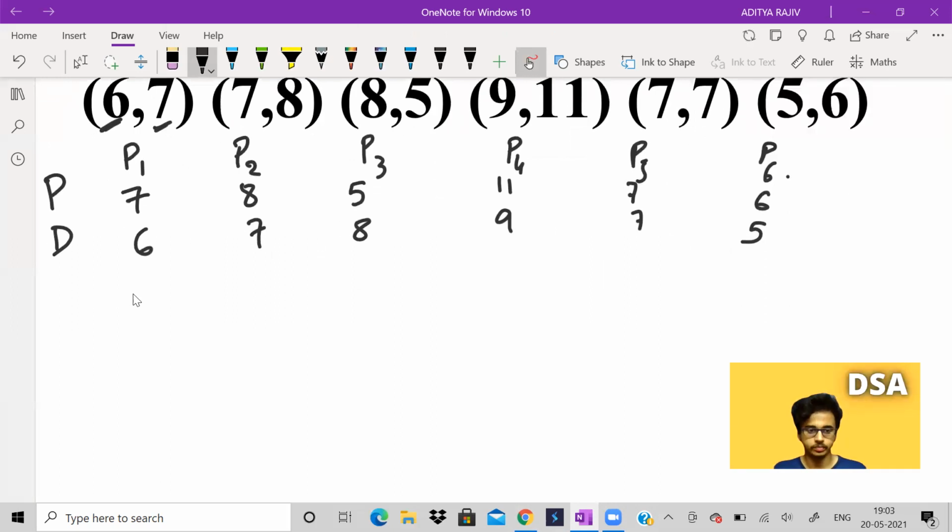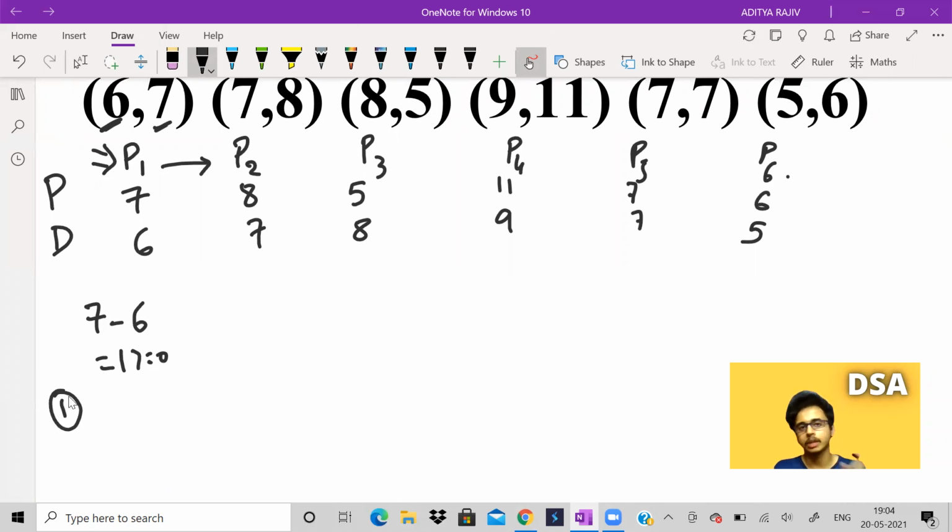So if we start from this petrol pump number 1, 7 units of petrol we can take, but we have to give out 6. So 1, which is greater than or equal to 0, which means we can go to the next. So 1 is there in the fuel tank.